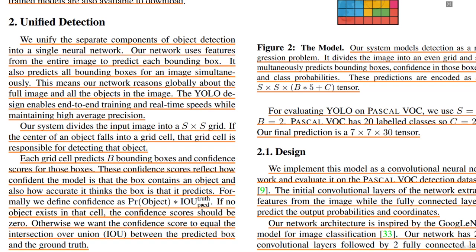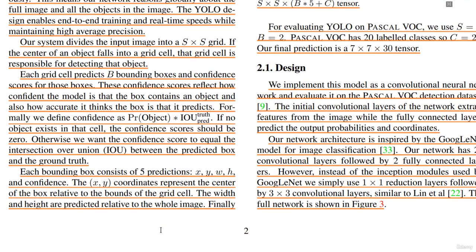Now we shall look at the IOUs to better understand this formula. Before looking at that, we should also note that if no object exists, then this confidence score should be 0. Otherwise, we want the confidence score to equal the intersection over union, that's the IOU, between the predicted box and the ground truth.